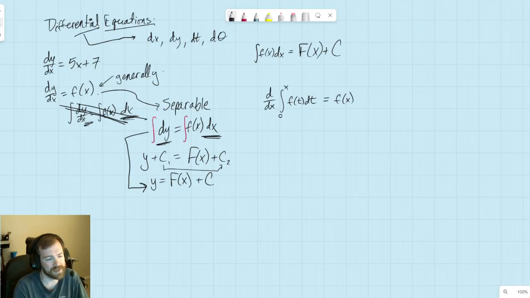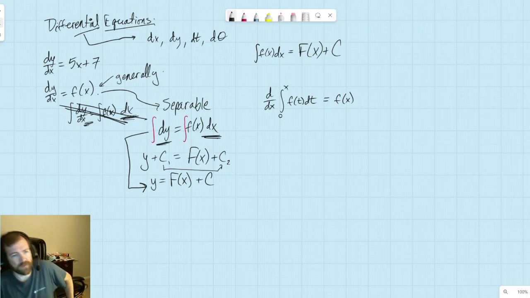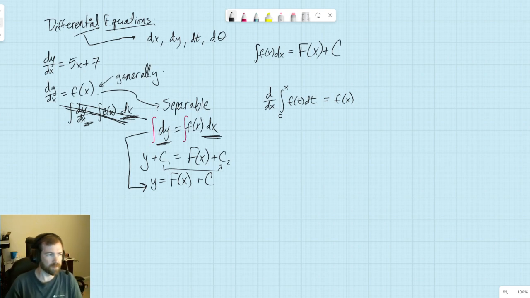Calc 3 is not really all that bad. I found it basically like starting Calc 1 all over again. You're doing vector calculus, and you're trying to figure out all of these partial derivatives, which are taking derivatives in higher dimensions, and saying, I only want to talk about the derivative in this particular direction.